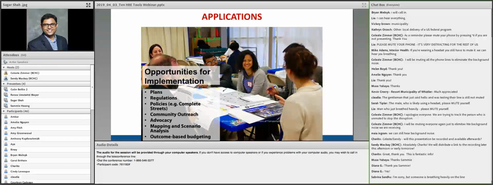So their one domain that they wanted to look into was active living, right? They started with these metrics and then deep dived into active living, and then used other toolkits that have been identified in this report.